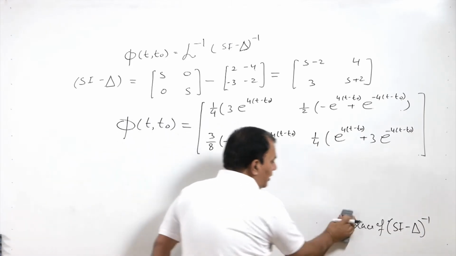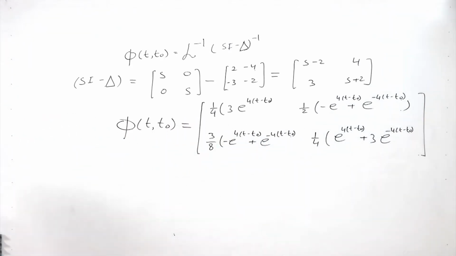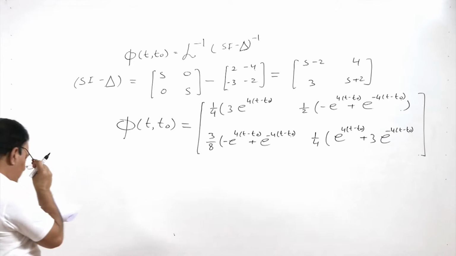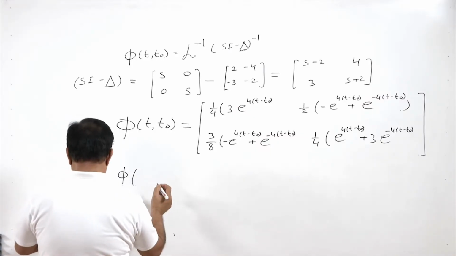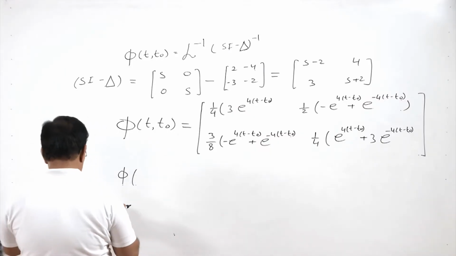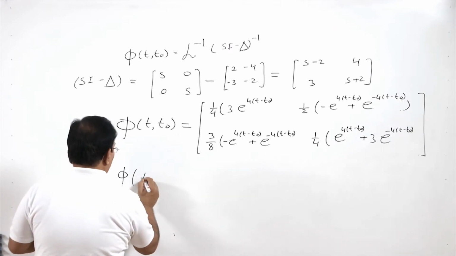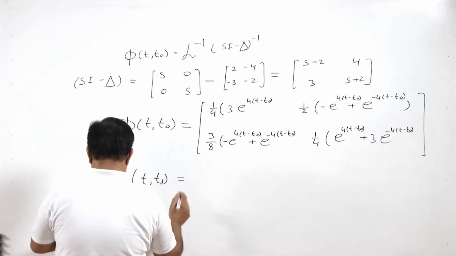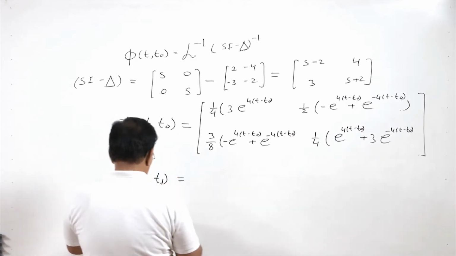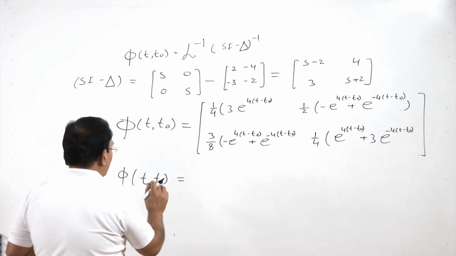So, if you will recall, this state transition matrix we have to determine. So, phi T2 TF, if I will say, as j we have taken T1.